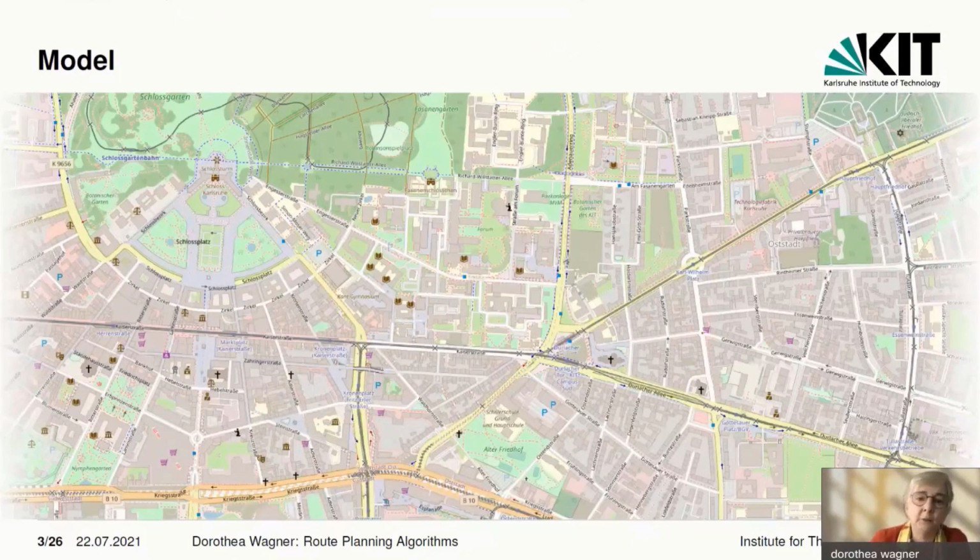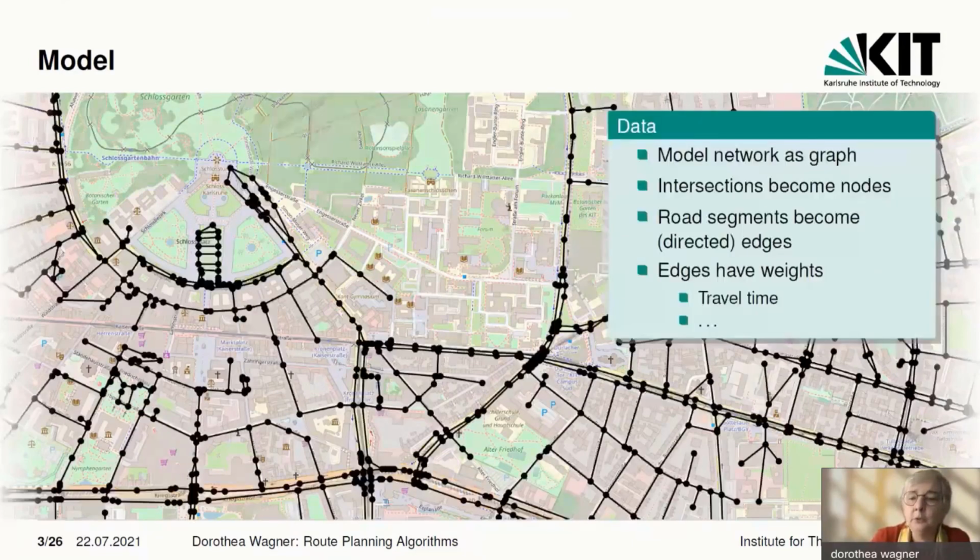And we want to find the best connection between a source node and a target node in such a street network or road network. And what we do, in order to come up with algorithms for this scenario, is we model this road network as a graph.